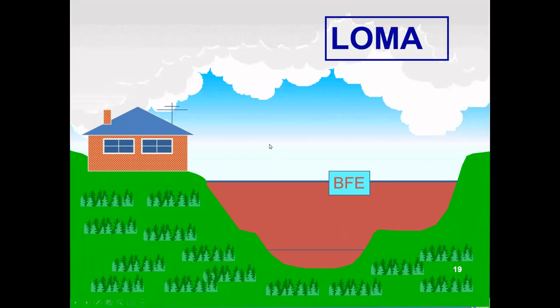Here's a graphical depiction of a house above the base flood elevation. If it were mapped in the special flood hazard area, then this house would qualify for a LOMA.